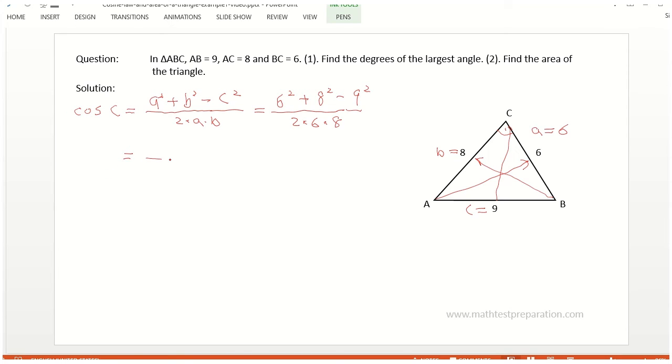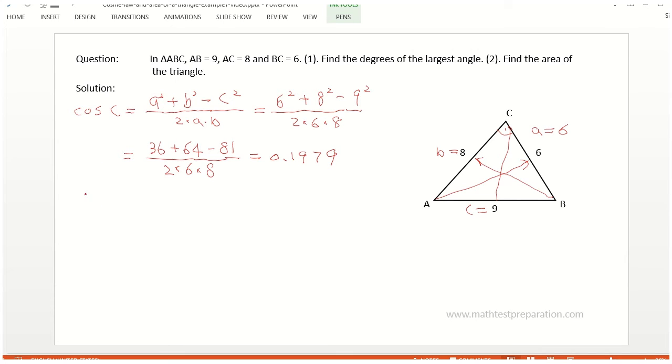So this equals 6 squared is 36 plus 8 squared is 64, subtract 9 squared is 81, divided by 2 times 6 times 8, which equals 0.1979.